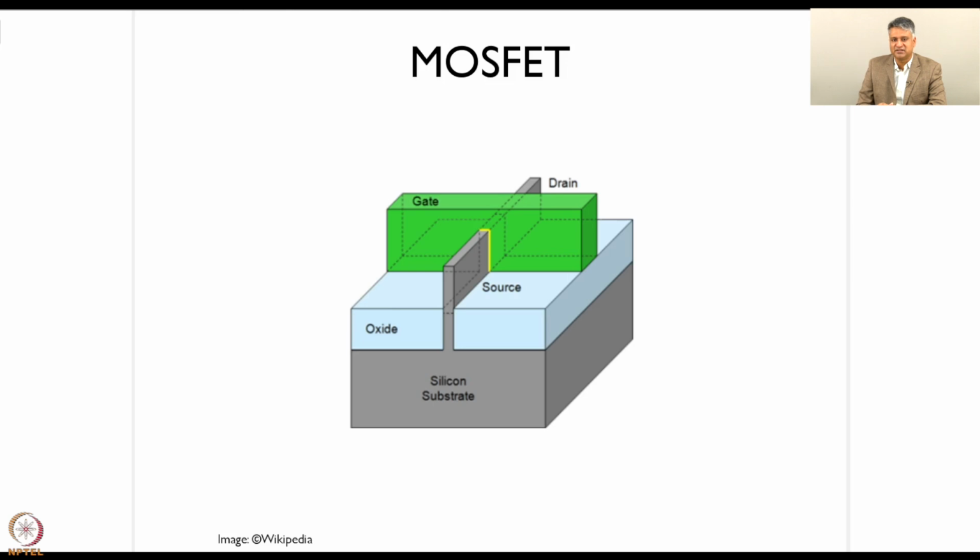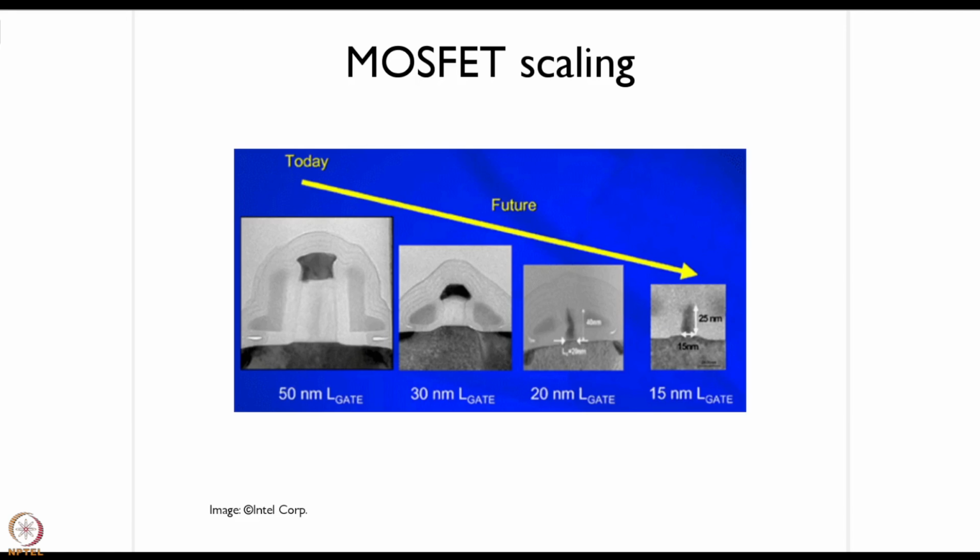This essentially consists of a gate, a drain and a source, and if a voltage is applied at the gate, then there is flow of electricity from the source to the drain. This is obviously built on a silicon substrate. Now, when we talk about Moore's law, we essentially talk about the feature sizes of these MOSFETs, how big or how small they are.